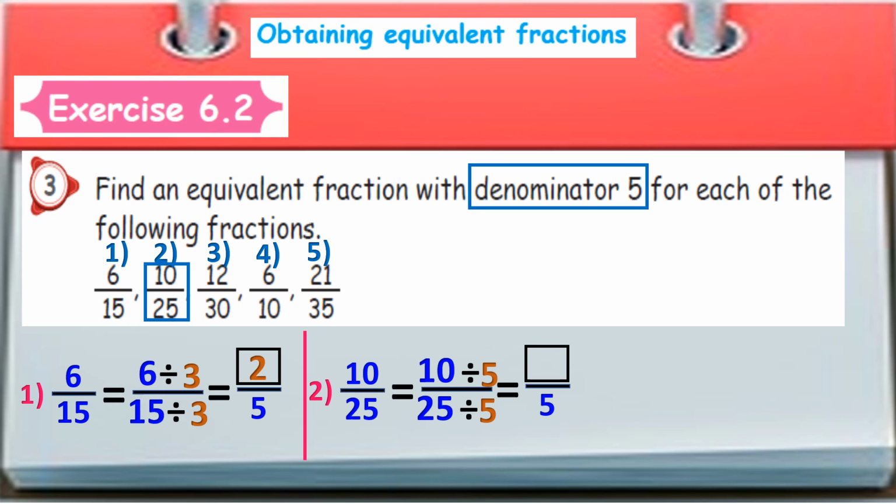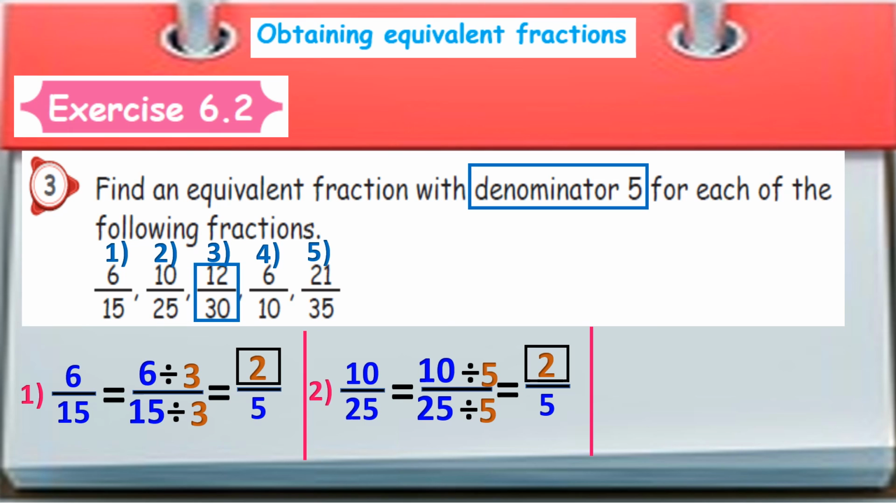So if I divide by 5, I will get a 2 as the answer, because 2 fives are 10. That is the reverse process. So 2 by 5 is the correct answer, and this is the equivalent fraction.